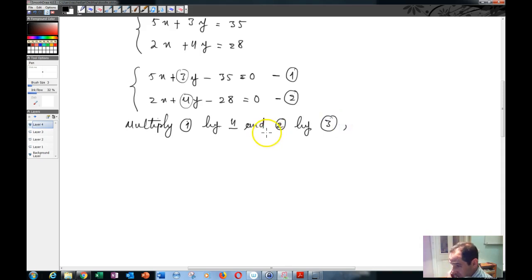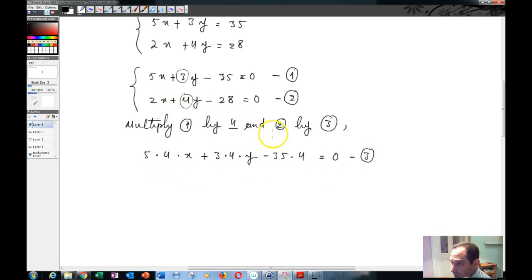Okay, so equation number 1 multiplied by 4 would be 5 times 4 times x plus 3 times 4 times y minus 35 times 4 is equal to 0. Call it equation number 3, for example.